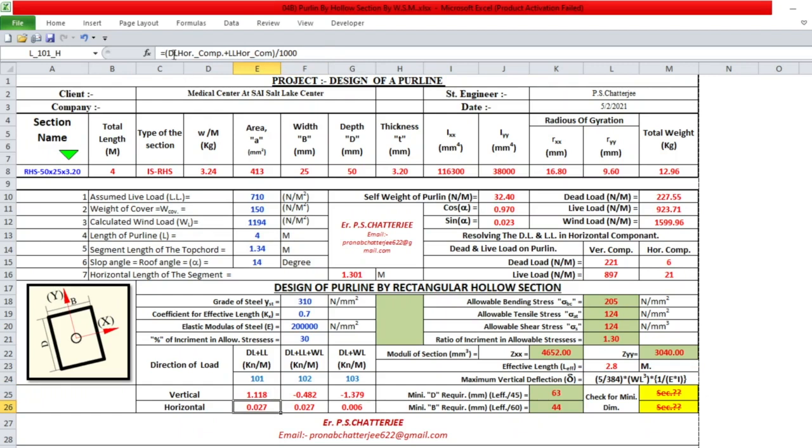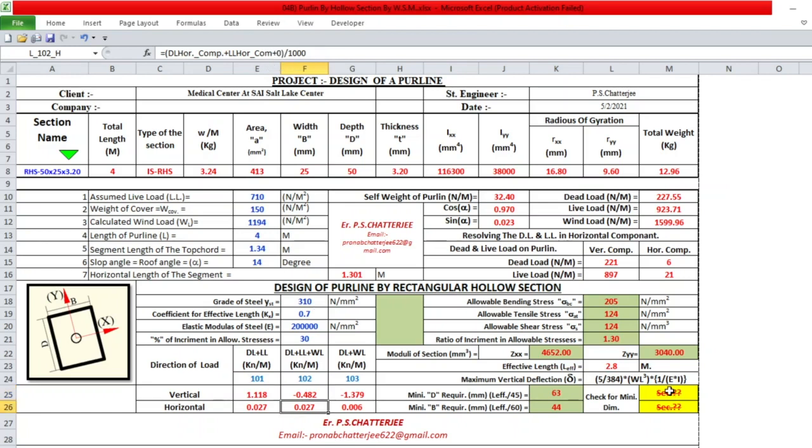Similarly, dead load horizontal component plus live load horizontal component divided by 1000. Dead load vertical component, live load vertical component minus total wind load. Actually, in this load case it is an algebraic sum. Wind load is in the opposite direction, so it will be minus.